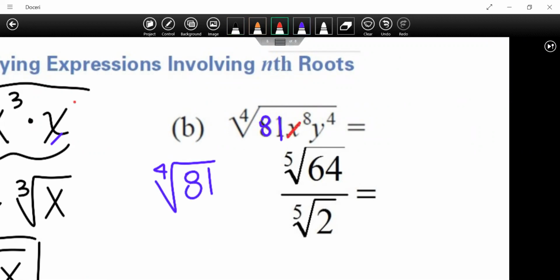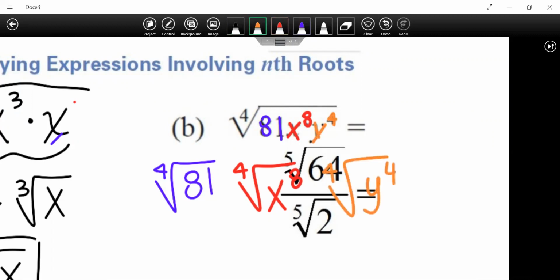I'm going to do my x to the 8, 4th root of x to the 8. And then I'm going to do my last term, which is my y to the 4th, 4th root of y to the 4th. I'm hoping you guys can see some of these and how they're going to look. What would be the 2 easy ones to do first?